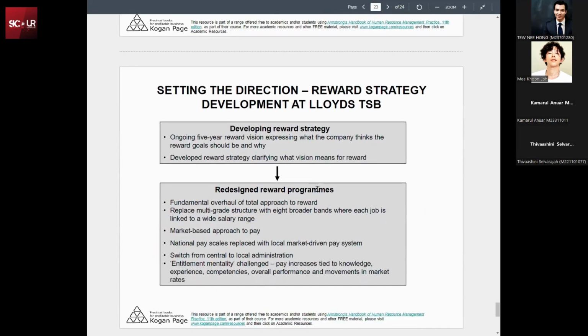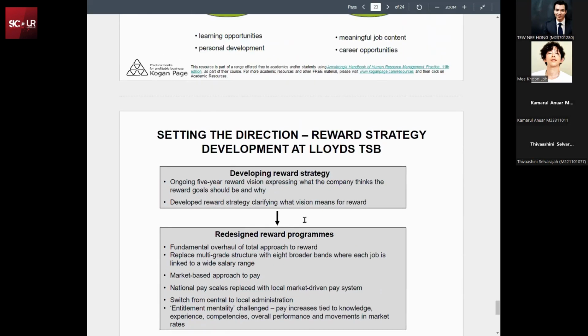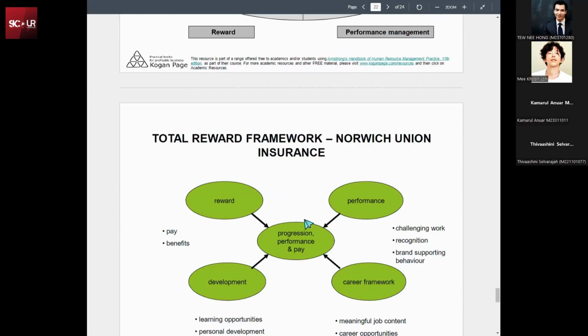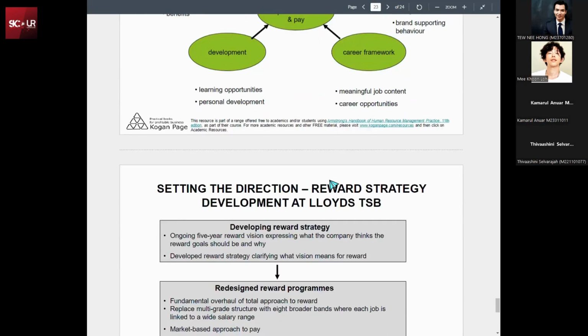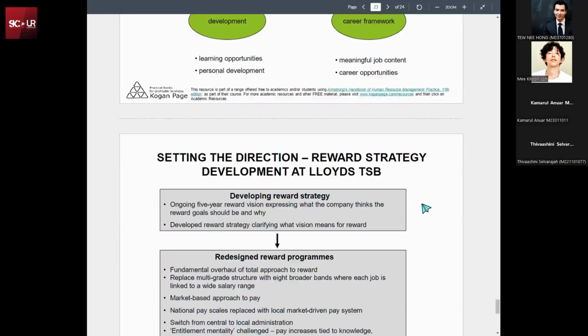And the last one is about setting the direction of reward strategy, which comes from Deloitte. From the many models and frameworks that I see, we can develop a setting of direction of reward strategy. This is the example.